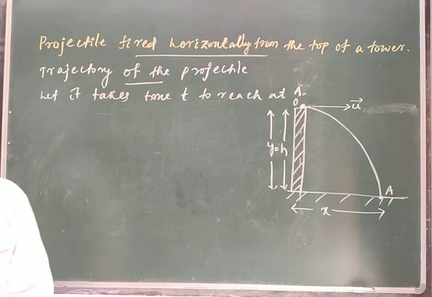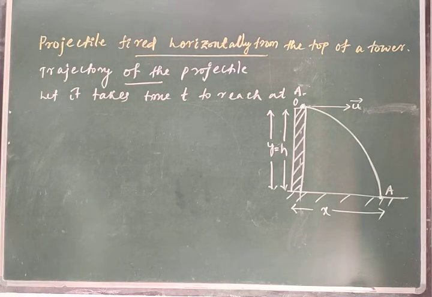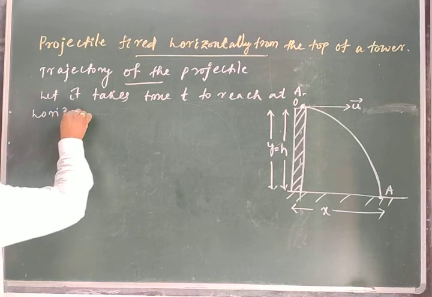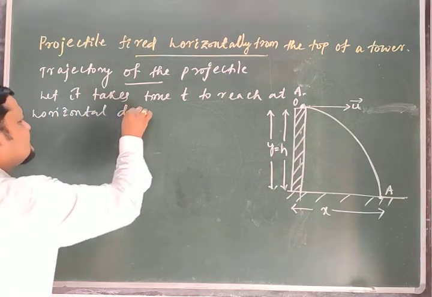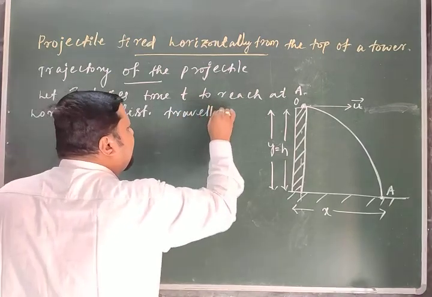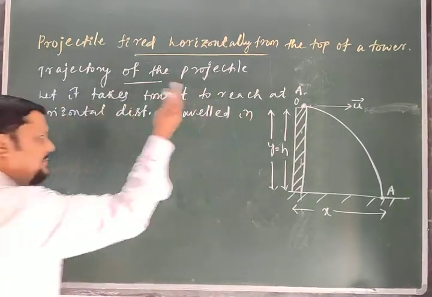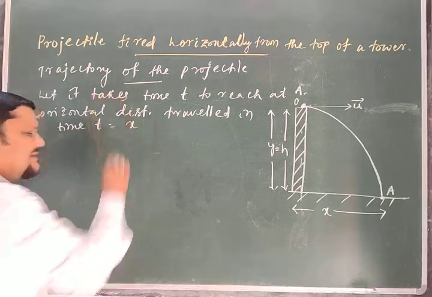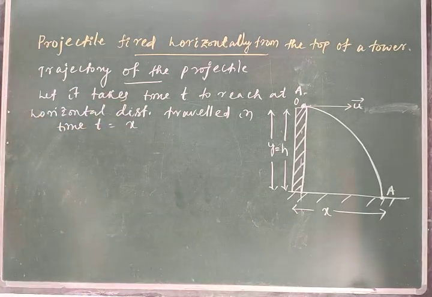So under this, the horizontal distance traveled by the projectile in time t is equal to x. I have considered this as x.